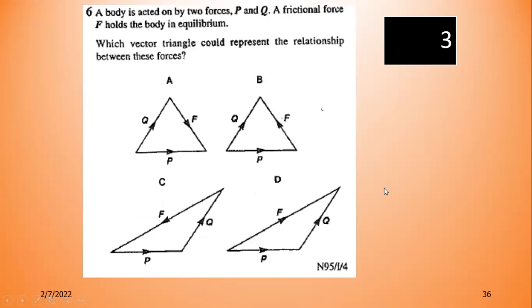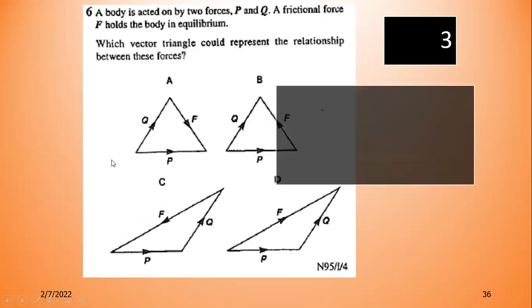Vector diagram: you should be able to say you have a body acted on by two forces, P and Q, and a frictional force holds the body in equilibrium. Which vector triangle will represent the relationship between the forces? You should be able to read this. In this diagram, this is the resultant.